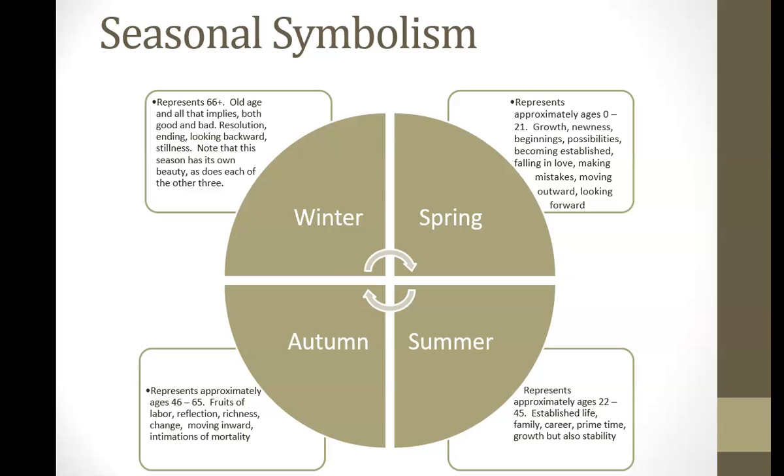This is often sort of moving toward retirement. Lots of reflection, change, and this is where people normally get their first intimations, unless something's happened to you earlier where you had to deal with a lot of death. This is where people become very aware that there is an end point to all of this.